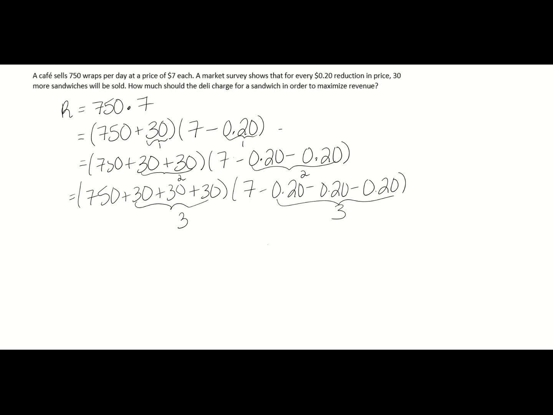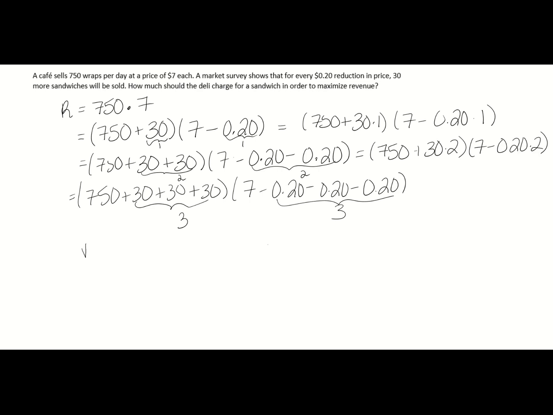So what I'm creating here, and I'll write it one more time, I have 750 plus 30 times 1, times 7 minus 20 cents times 1. Here I would have 750 plus 30 times 2, times 7 minus 20 cents times 2.